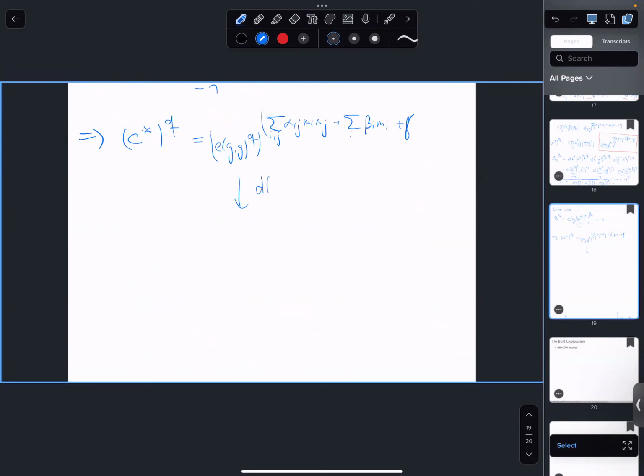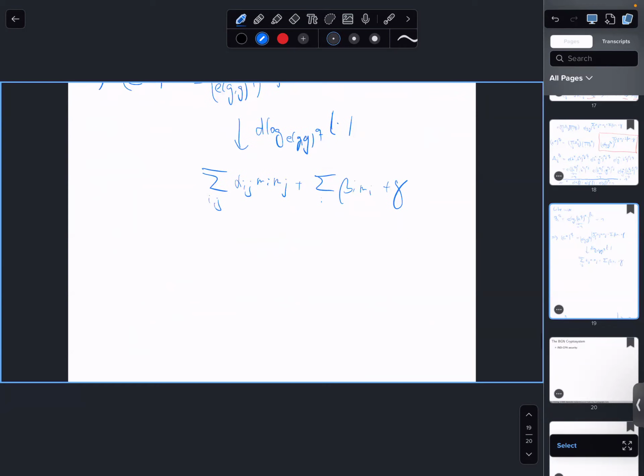If we now take the discrete log with respect to E of G, G to the Q of this, we will get sum over ij of alpha_ij m_i m_j plus sum over i of beta_i m_i plus gamma. And therefore the scheme is correct, or we get homomorphic correctness.